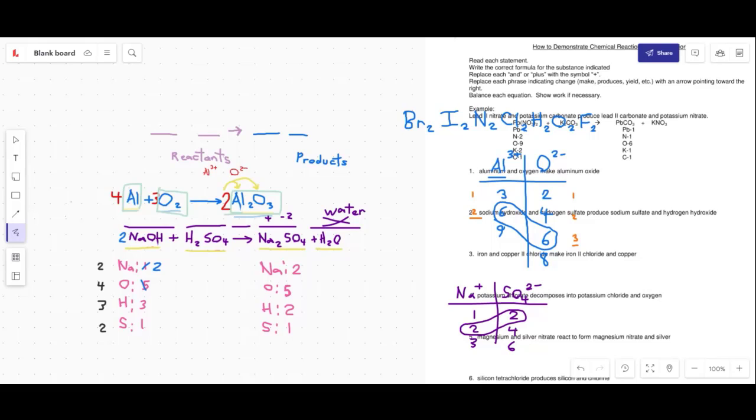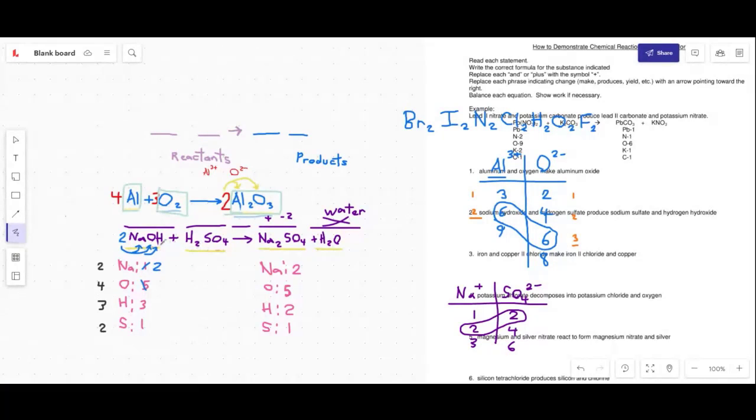It's not going to multiply anything past that plus sign. You have 2 oxygen now. So this 2 multiplies this 1, this, and this. It doesn't multiply anything over here.